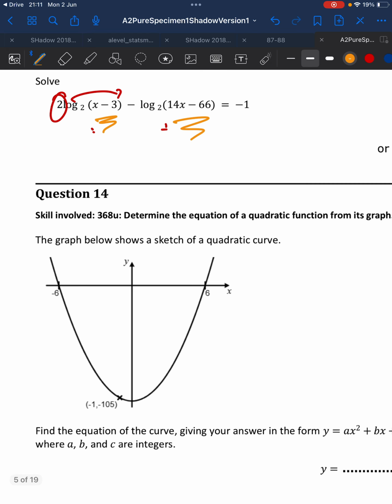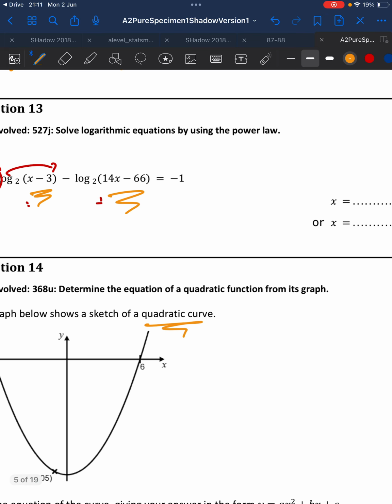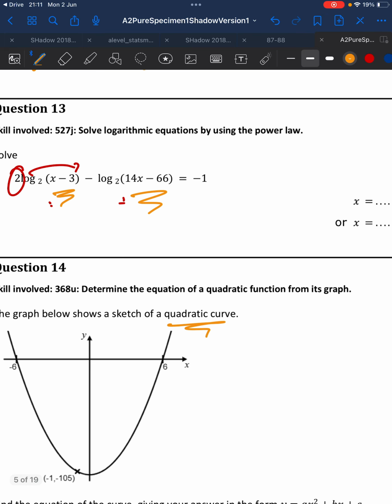Quadratics. Modelled quadratics are really, really common. I've just spotted something in the question, they've been too nice to you.